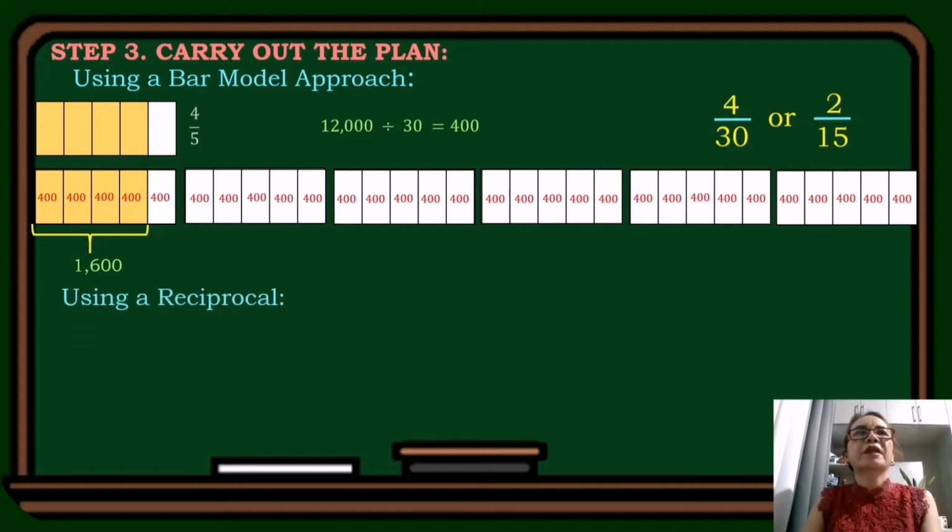Then, let's continue. What if we are going to use a reciprocal? Of course, our equation was 4/5 divided by 6 times 12,000.